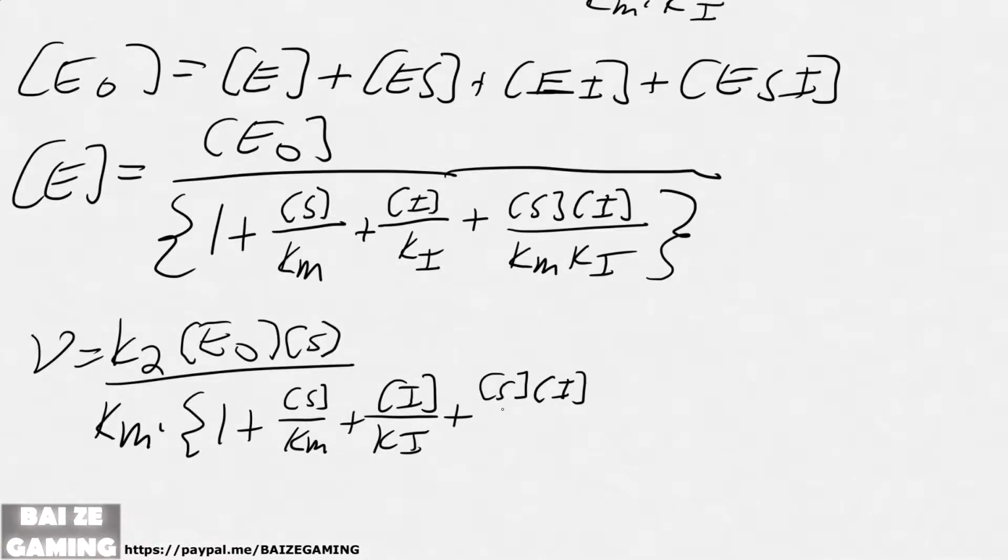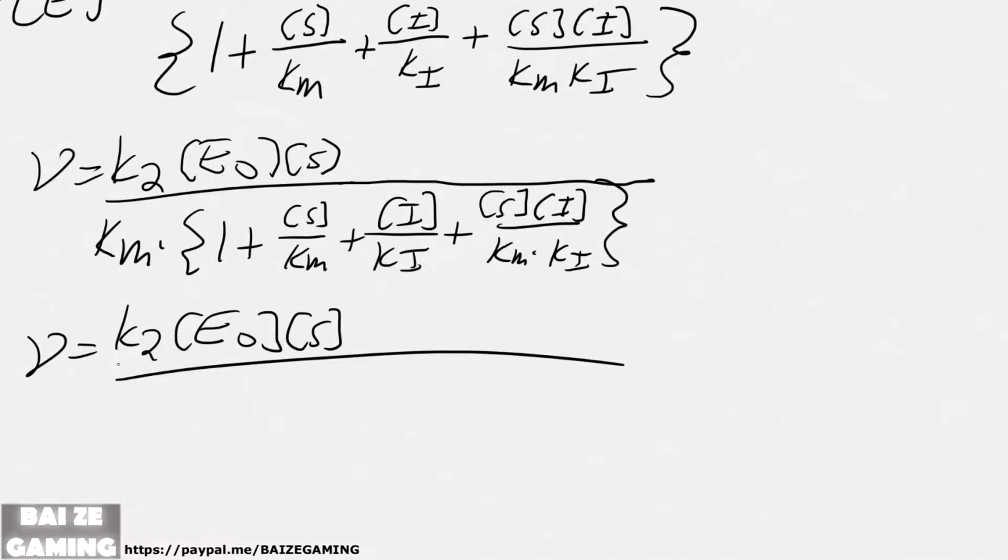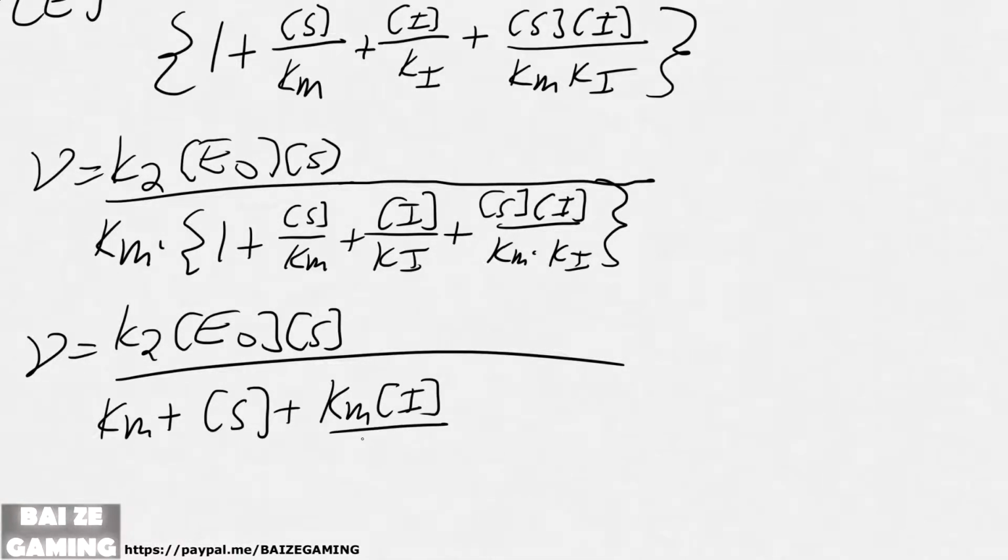Then we'll have to try to see if we can get it into the Michaelis Menten form that we want so badly. Can we do it? Let's distribute the denominator, and we just work through it.